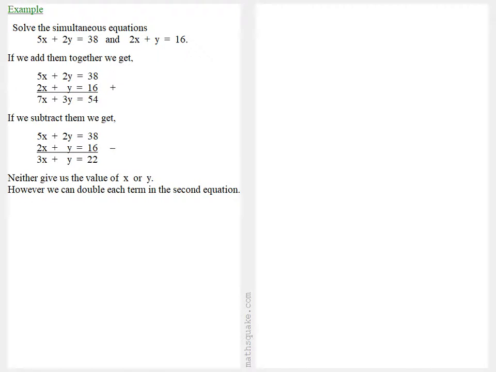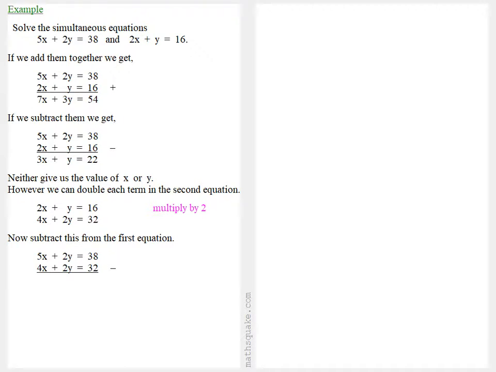However, what we can do is double each term in the second equation. Starting with 2x plus y equals 16 and multiplying by 2, we get 4x plus 2y equals 32. And if we subtract this from the first equation, this gives us 5x plus 2y equals 38 minus 4x plus 2y equals 32, which gives us x equals 6.